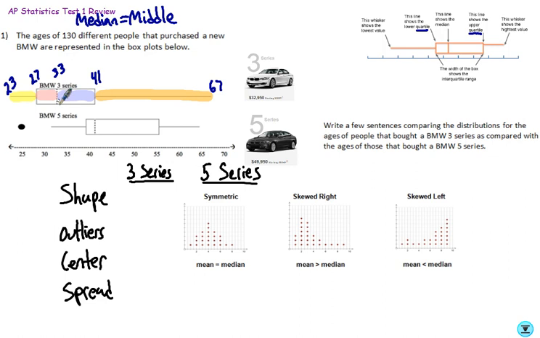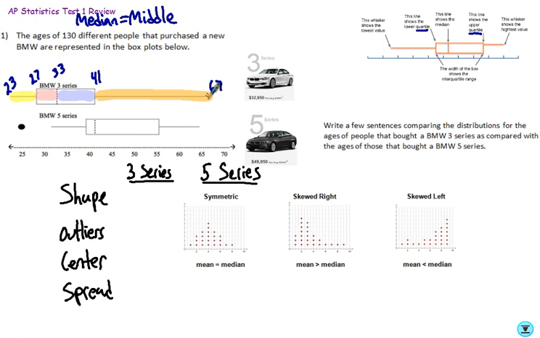In each section, by the way, we should point something out. The reason why we call this a quartile, again 4, is because it's split up into 1, 2, 3, 4. This line represents 100%, everyone that we surveyed. So each section here, for instance this one is a longer section. That doesn't mean that there's more people between the ages of 41 and 67 that bought a 3 series.